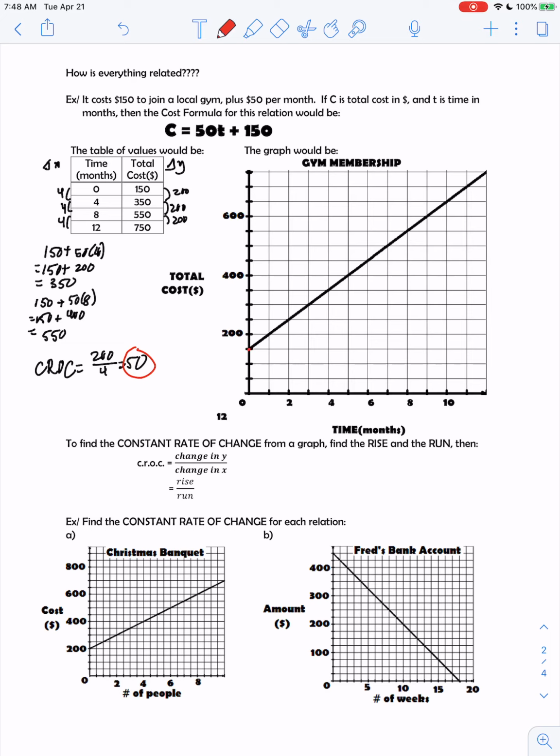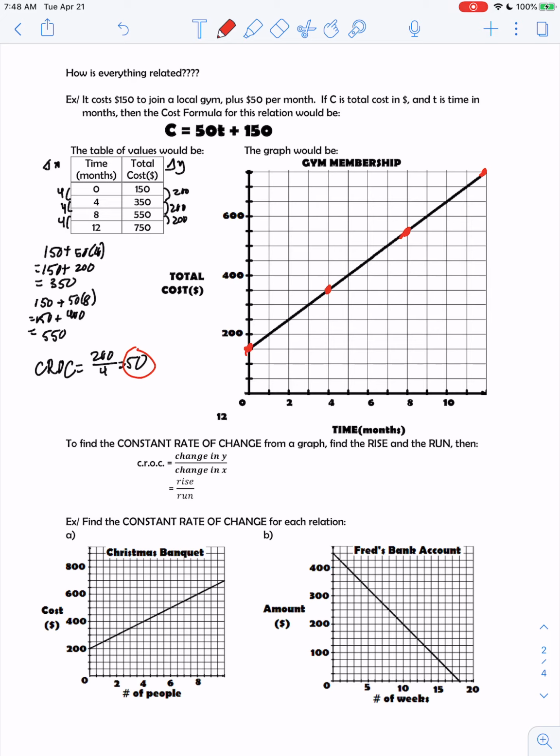For 4 months, it's costing $350 is right there. For 8 months, it's costing $550, which is right there. And then for 12 months, it's costing $750, which would be right there. So there's all the points. They've made a straight line.